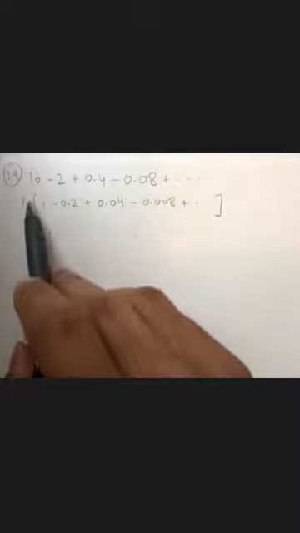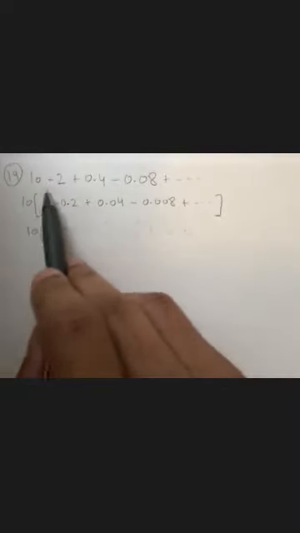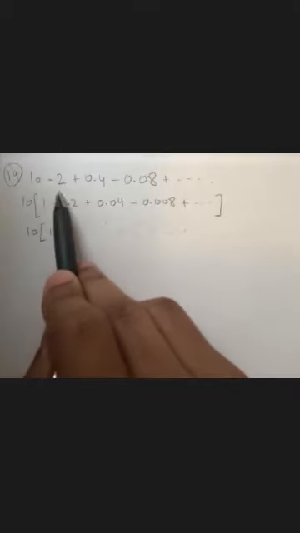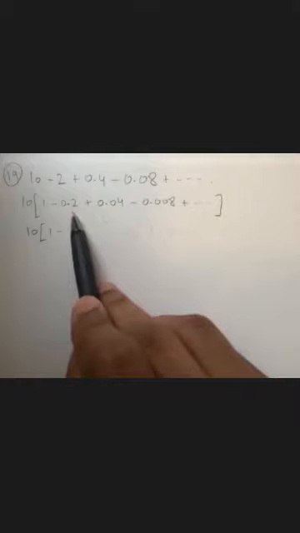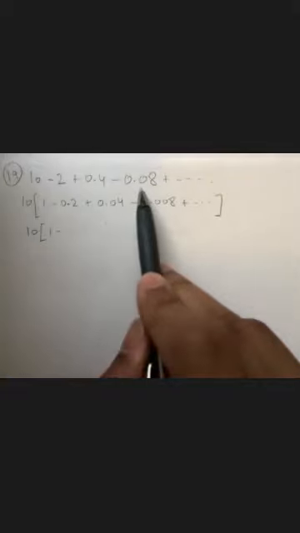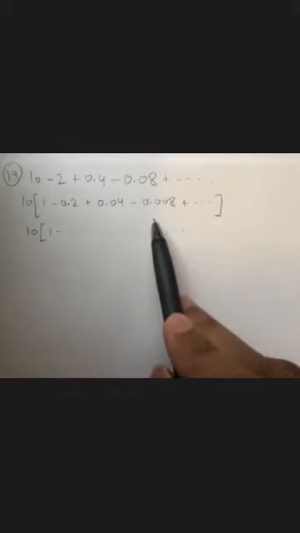let me write it again. So if I factor out 10, here we have 1 left. This 2 changes to 2 over 10, which is 0.2. 0.4 changes to 0.4 over 10, which is 0.04. 0.08 changes to 0.08 over 10, which is 0.008.